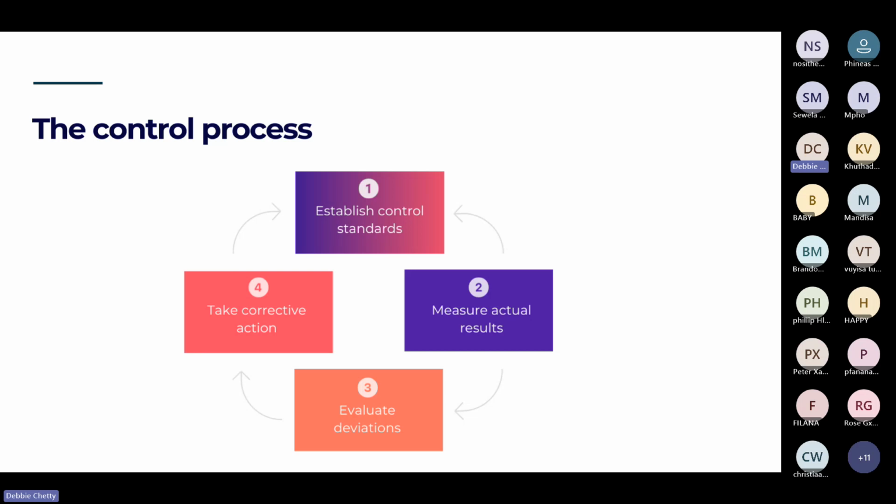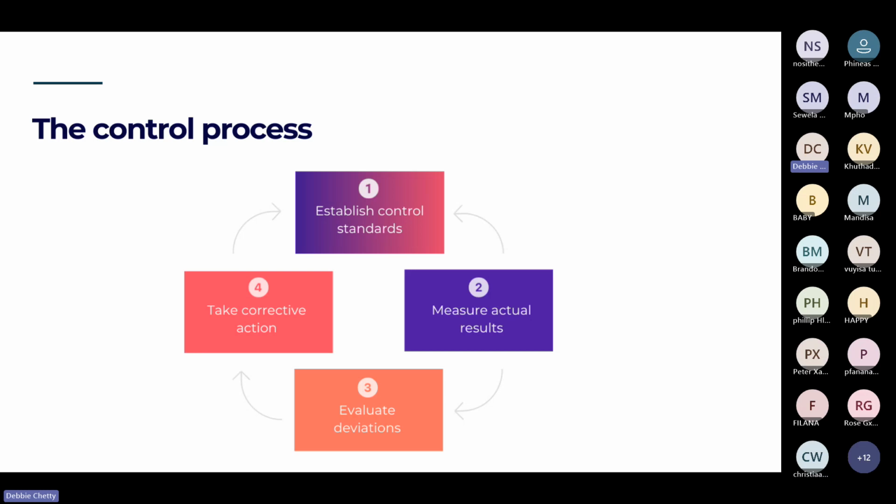This is the first step, and control standards are targets against which subsequent performance is compared, and they should meet certain criteria. They should be expressed in measurable terms, be consistent with the business goals, be realistic, something that the business can achieve, and identify performance indicators.